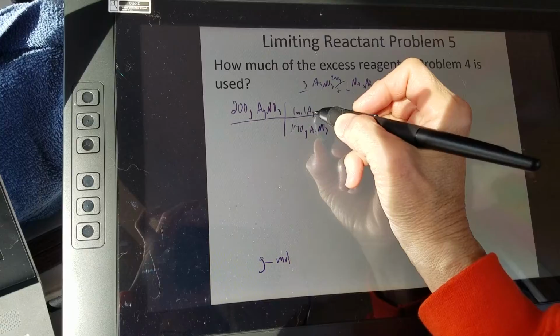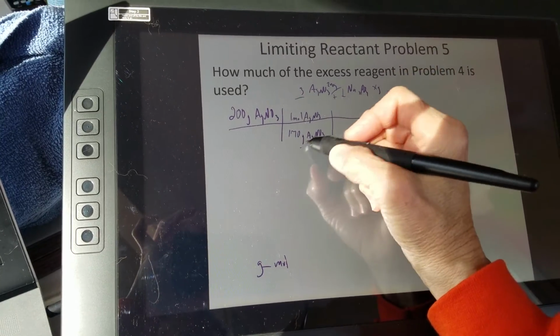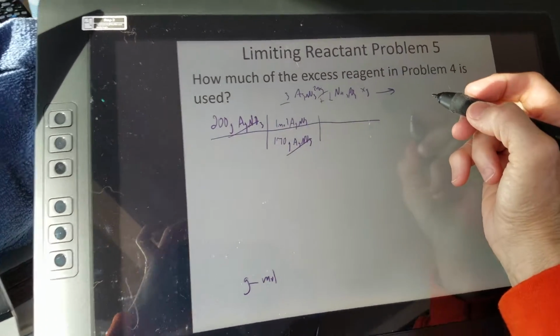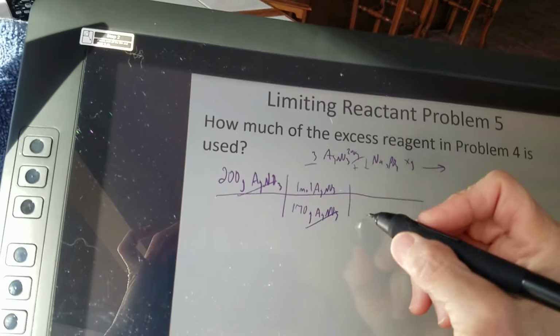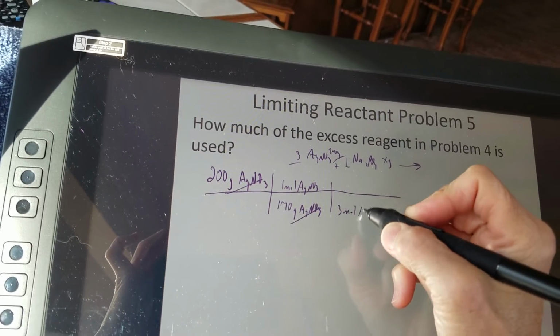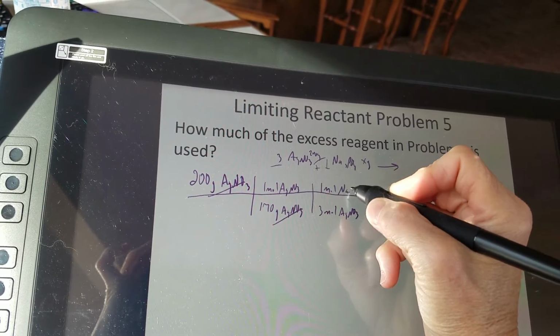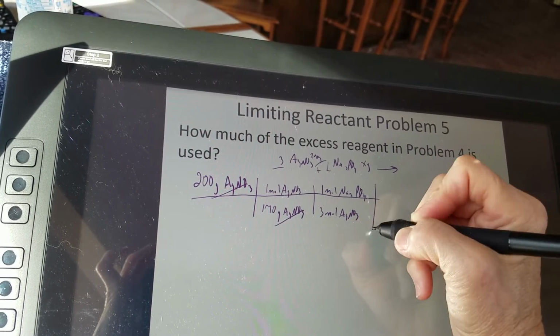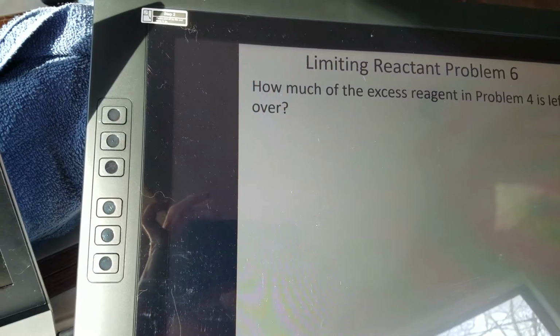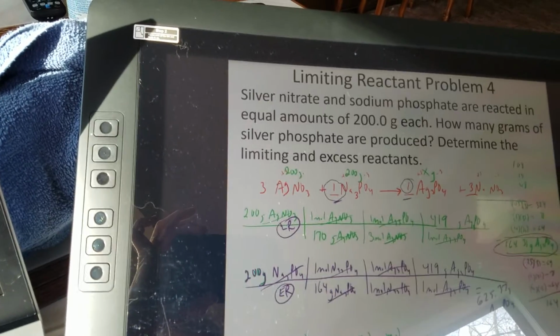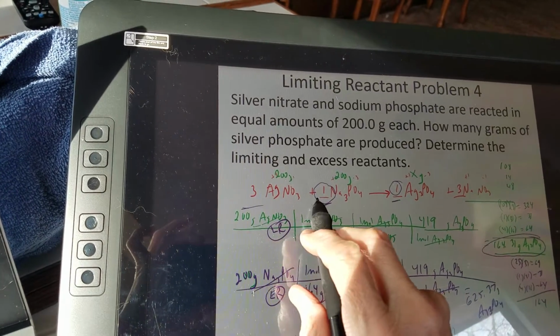That's how many grams are in 1 mole. That'll cancel. Then I'll do my mole ratio. So I have 3 moles of the silver nitrate to 1 mole of the sodium phosphate. Remember, I'm getting this from the balanced equation. So again, I'm going to back up a couple slides so you can see. So here's my 3 to 1.